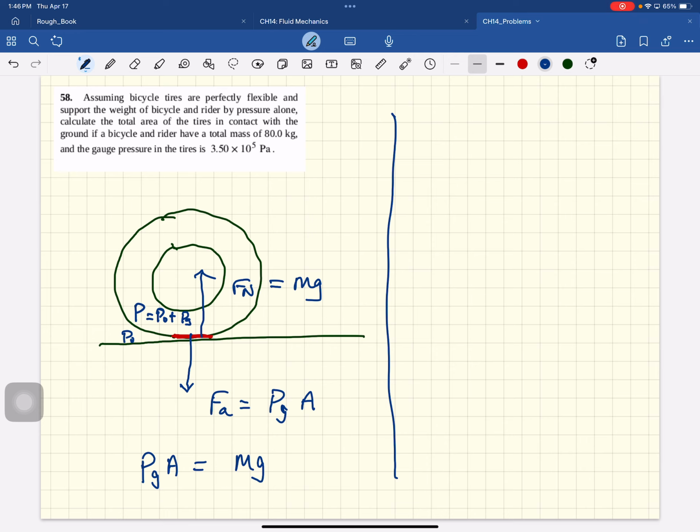So you can see that the smaller the area of contact, the higher the gauge pressure you need. That's why, if you have seen, road bikes have very thin tires. The area of contact is smaller, so they have to be pumped to a higher pressure than mountain bikes. And those fat tire bikes, even less pressure.